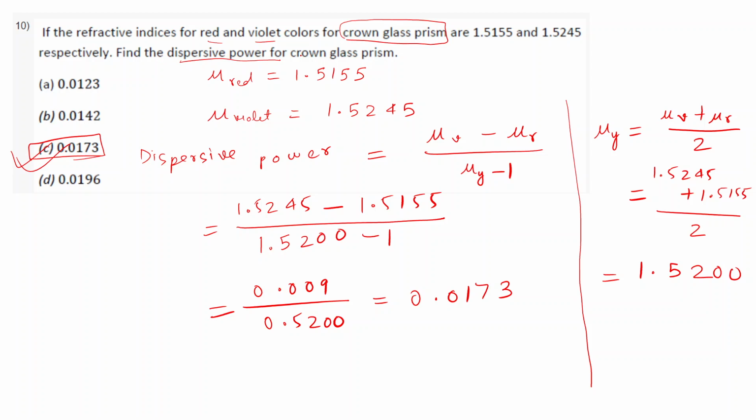So the dispersive power for a crown glass prism, not using the deviation angle but using the refractive index, the formula is this. And the refractive index for yellow light is found by taking the average of the refractive indices for violet and red light, because we consider yellow light to be in between these two.